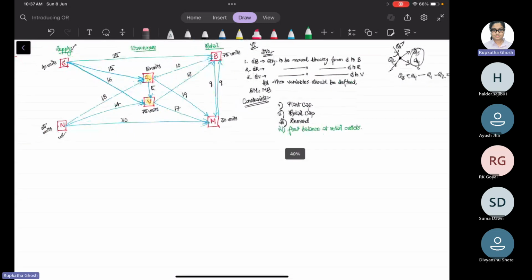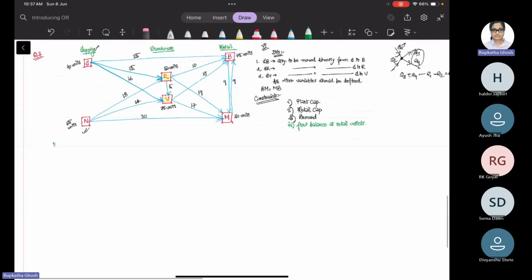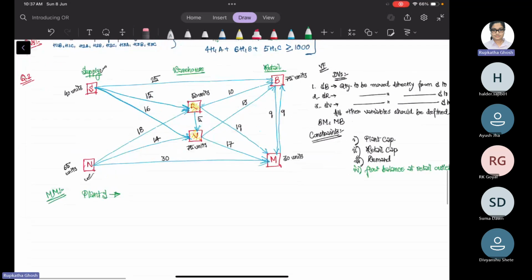Okay. And now I will jump into the mathematical formulation of this, mathematical modeling. So can you tell me what will be the plant capacity constraint? Let's say for plant S. How do I write the capacity constraint for this? Look at this network and tell me.